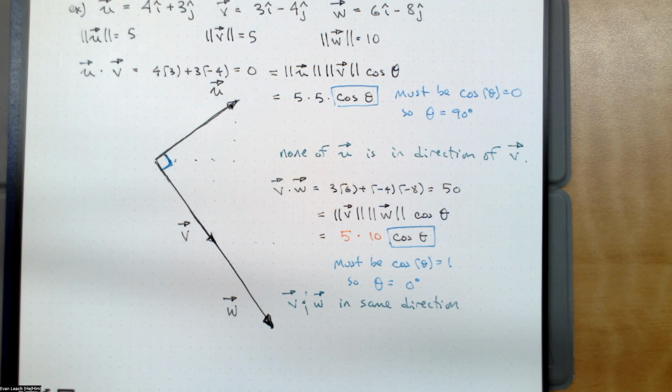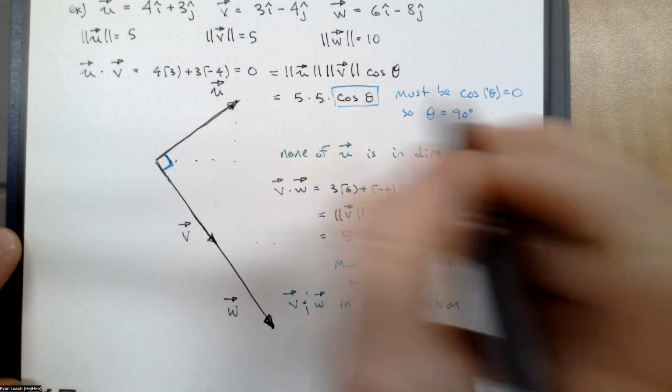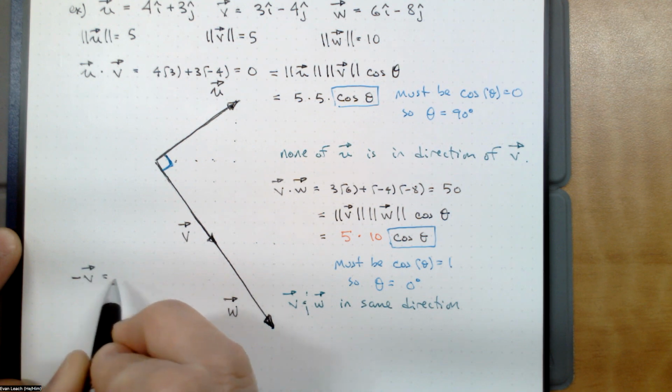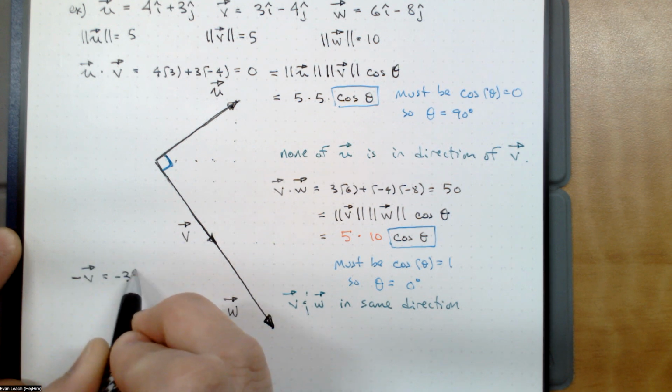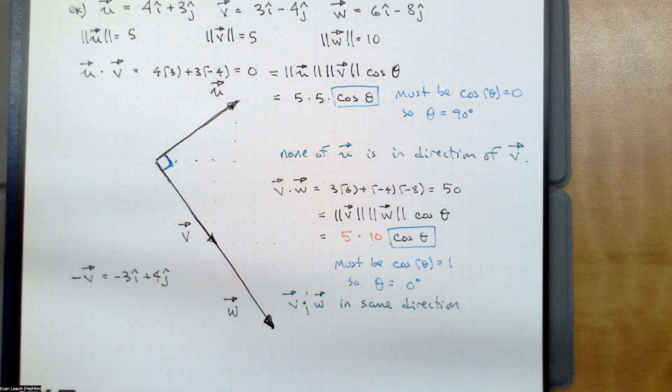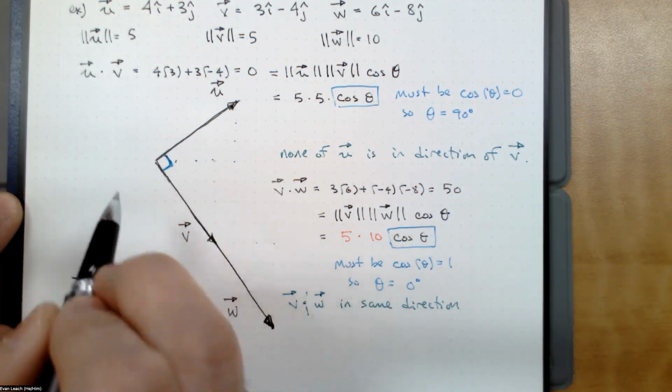One of the other products, dot products that we had was negative v dot u. So the vector negative v will be negative 3i plus 4j. We'll just be going in exactly the opposite direction.